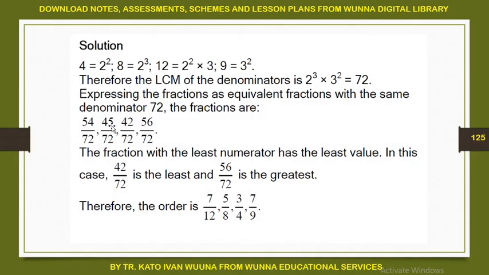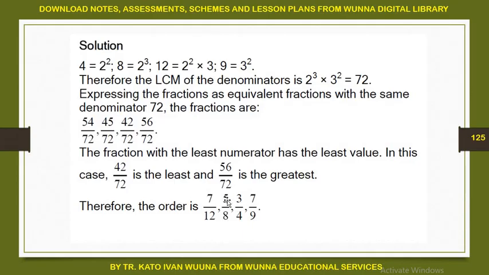Then followed by the one that gave us 45, which was 5 over 8. Remember, when you multiply 5 over 8 times 72, the 8 reduces 72 to 9.